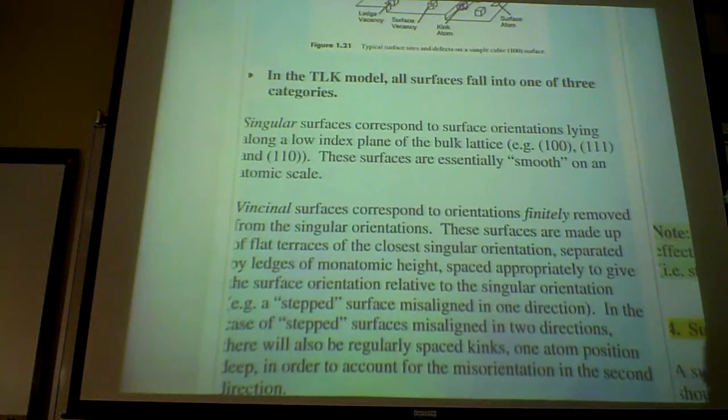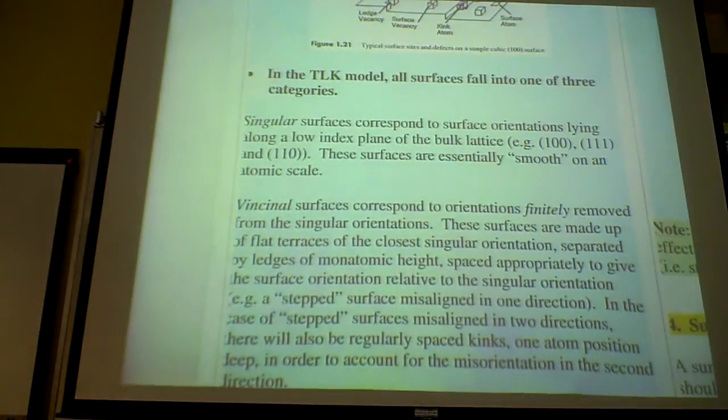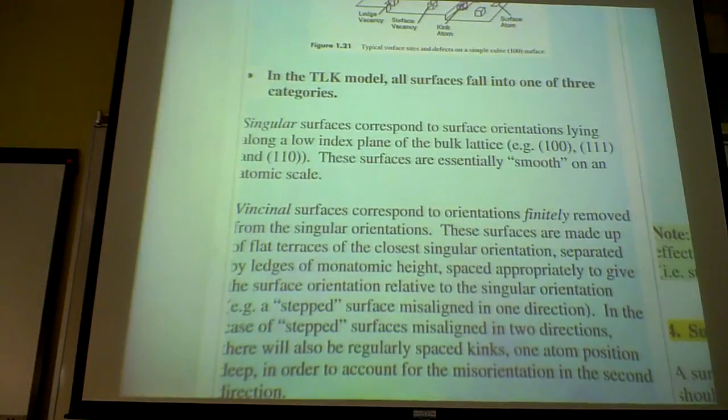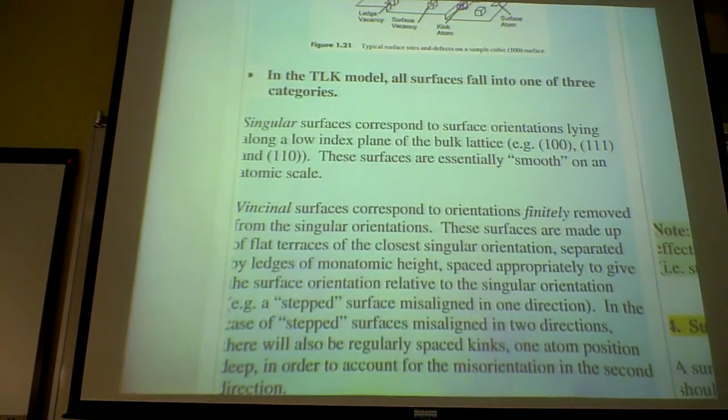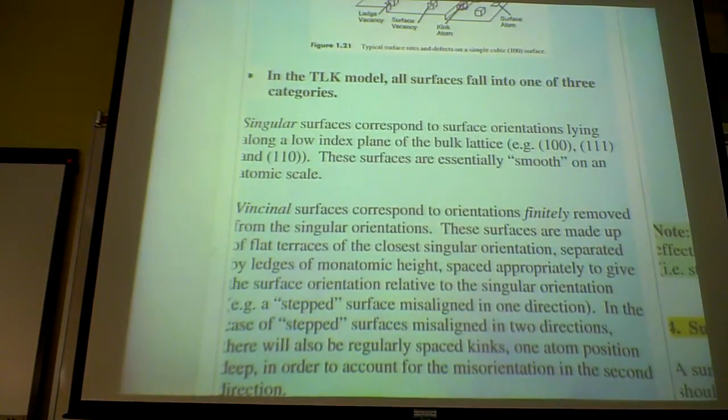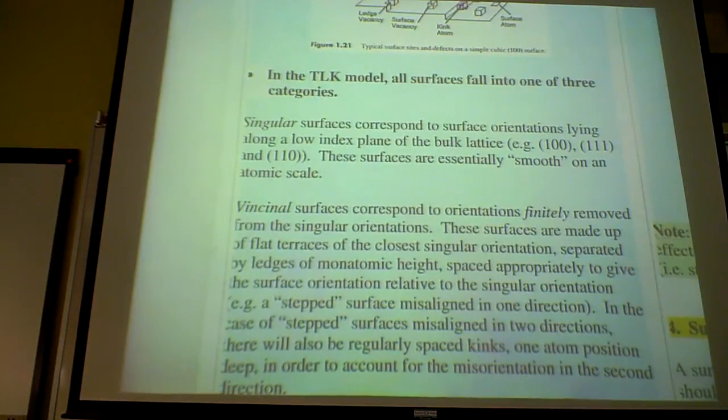Okay, so today we're going to talk a little bit more about surface crystallography, and let me just go back briefly to what we have said before.